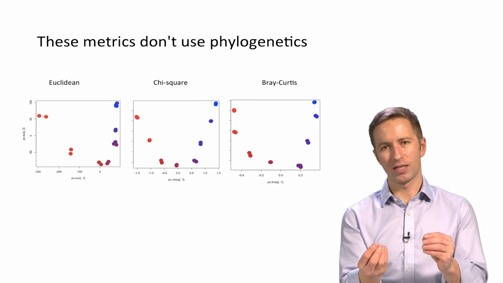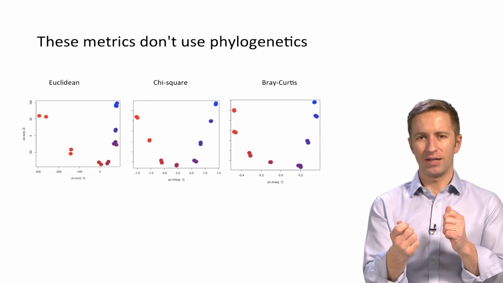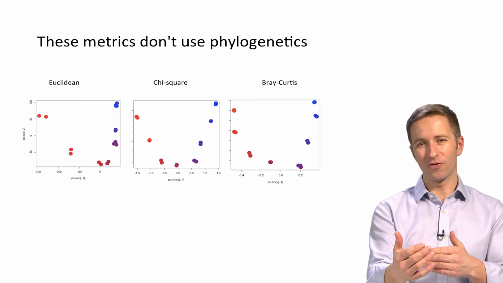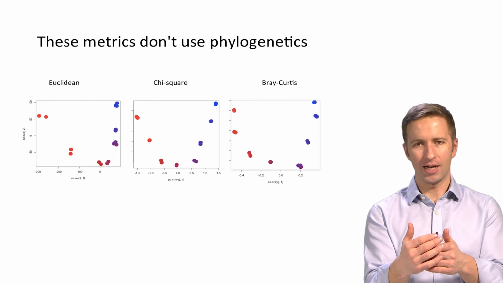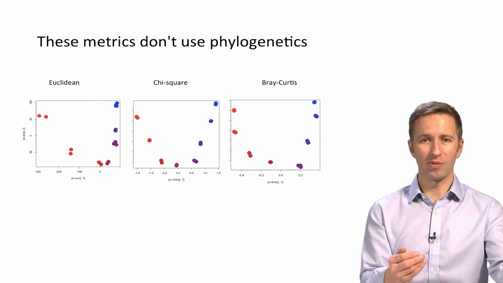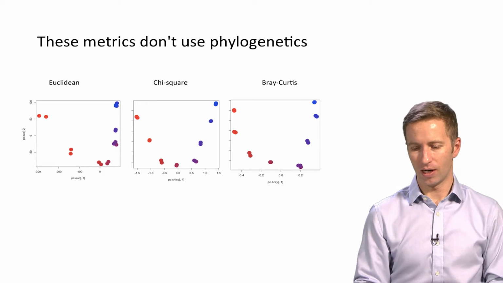We want to have a more sensitive test where the test would recognize that our microbiomes are different but more closely related, say, than to another person who also had different bugs, but they were very distantly related to ours.